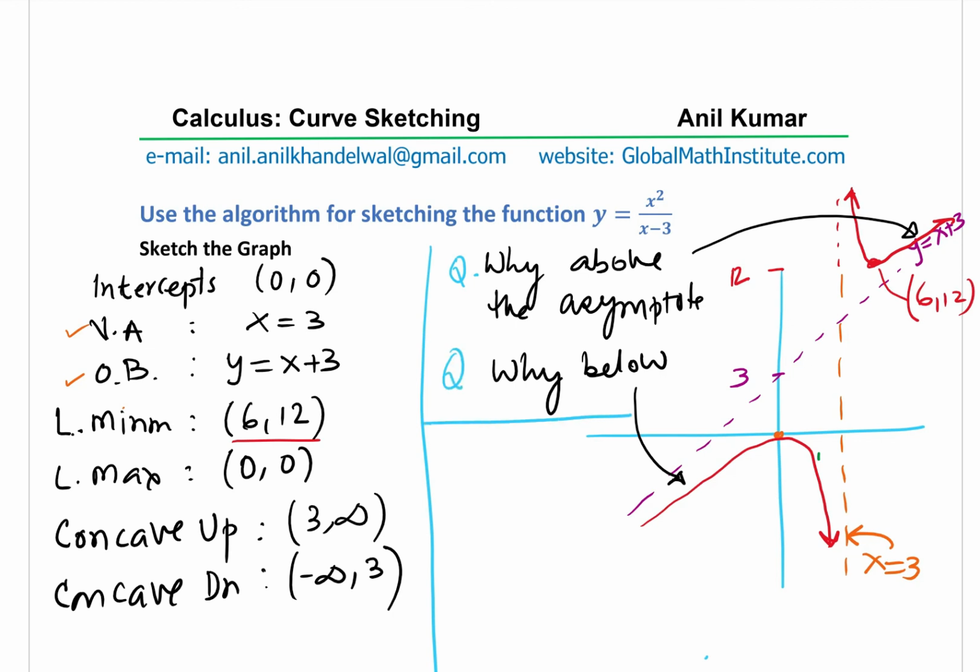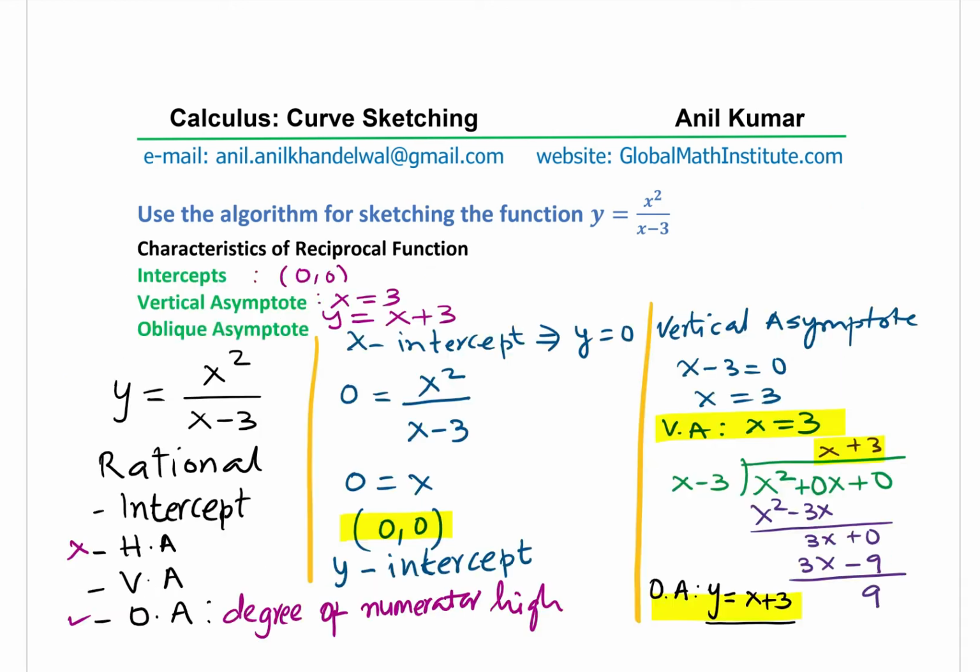Well, the answer lies when we are trying to analyze the characteristics. If you see, what did you get? Now, in this particular case, you got a remainder of 9. So if you write the division statement, you will see that there is a remainder of 9 when you divided the function.